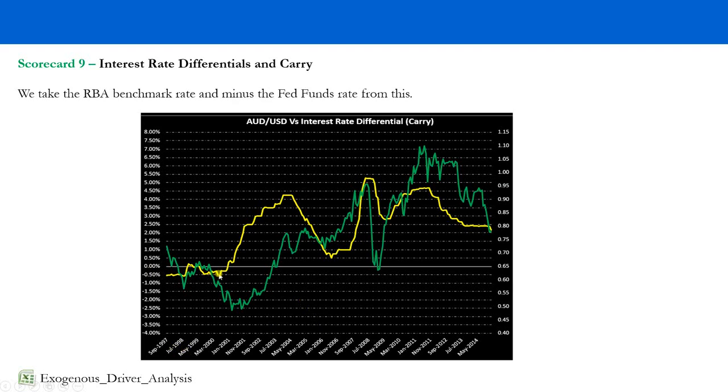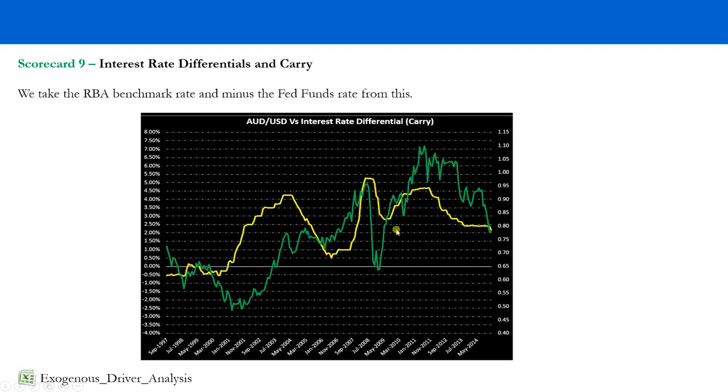So in yellow, what happens when this rises? Well, what's happening here is that the interest rate differential is widening in the favor of Australia. And you can see the Aussie dollar US dollar exchange rate goes up. And you can see this here as well, and here as well.